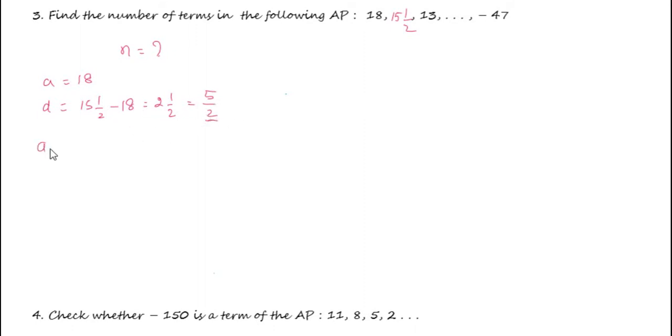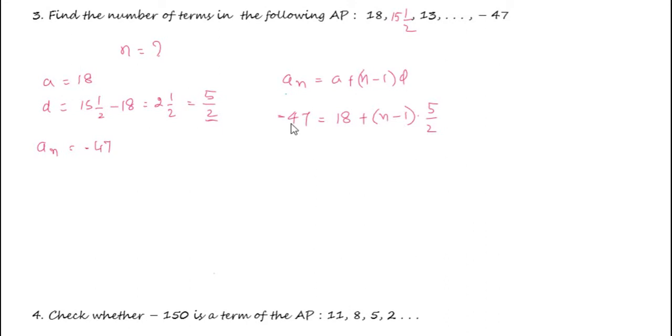an, the last term, is minus 47. an equal to a plus n minus 1 into d. Minus 47 is equal to a, which is 18, plus n minus 1 into 5 by 2.